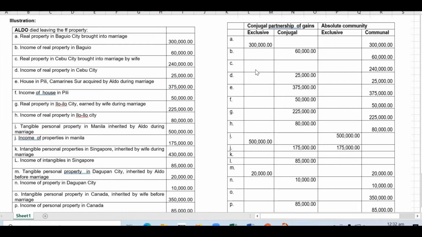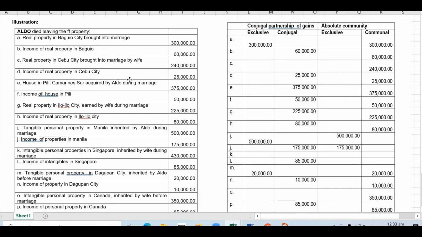So, in conjugal partnership of gains, since that is the wife's exclusive property, it will not form part of the gross estate. The gross estate includes the exclusive property of the decedent plus the community or conjugal property. So, in this case, it is not in the conjugal partnership of gains. However, in absolute community, the property brought into marriage by the wife will form part of the communal property. Under conjugal partnership of gains, it is not included, because that is exclusive to the wife.